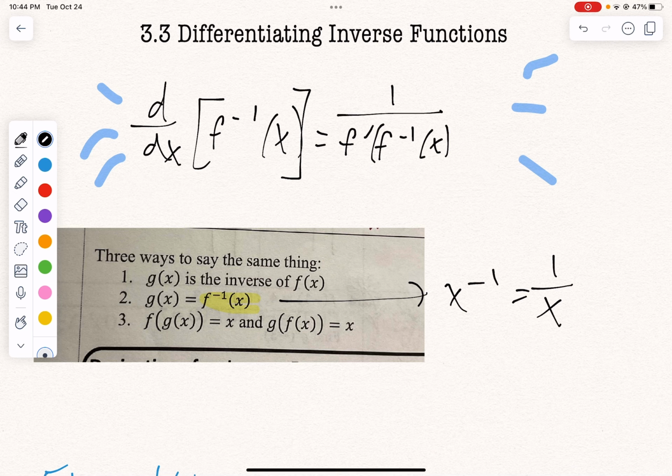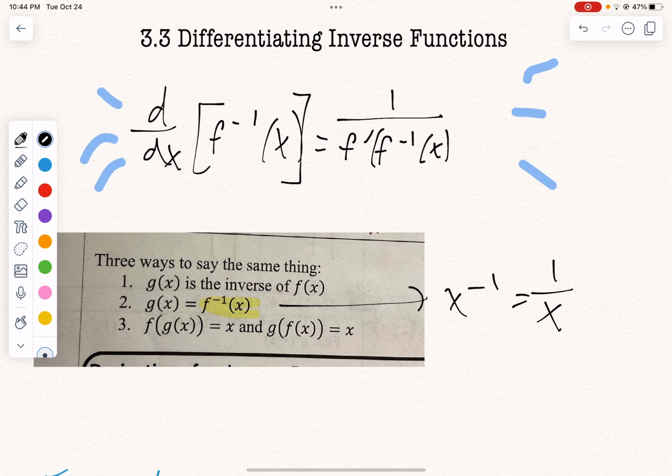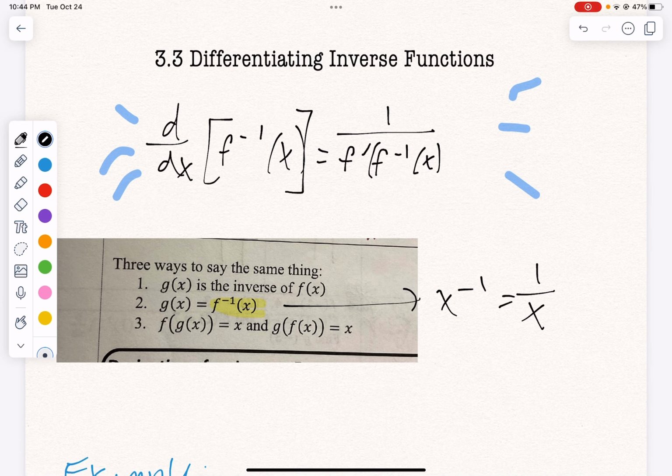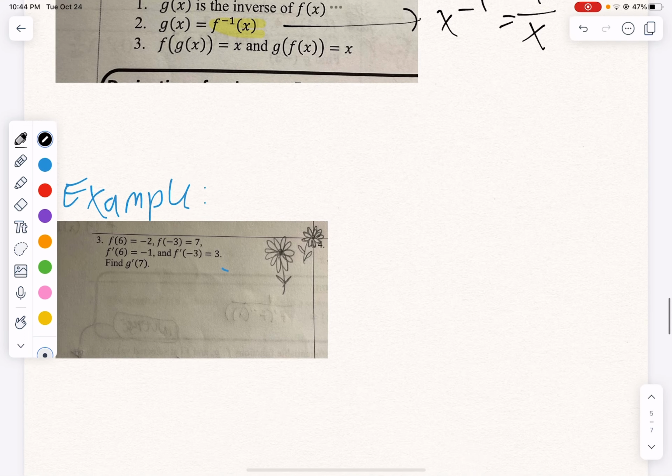And of course, f of g of x equals x, because remember how we used fog for composite functions to see if they were inverses of each other, and they would have to both equal x. So anyways, that's the same thing for all of them, to all say basically they're inverses of each other.